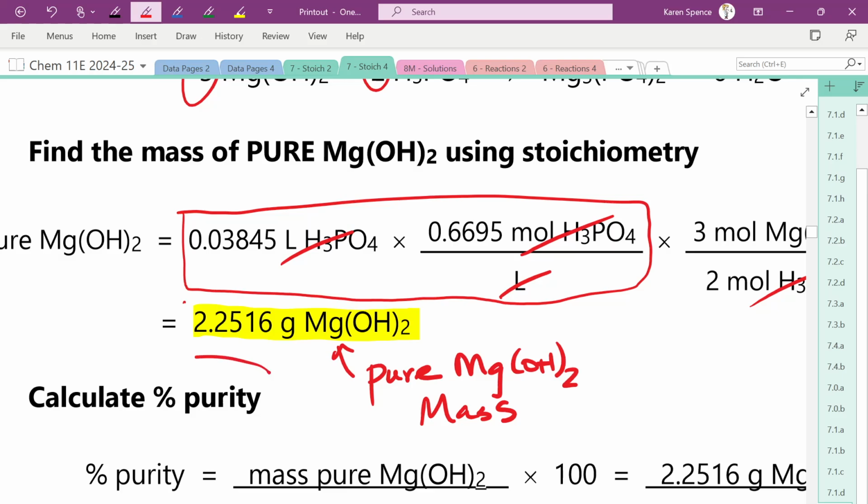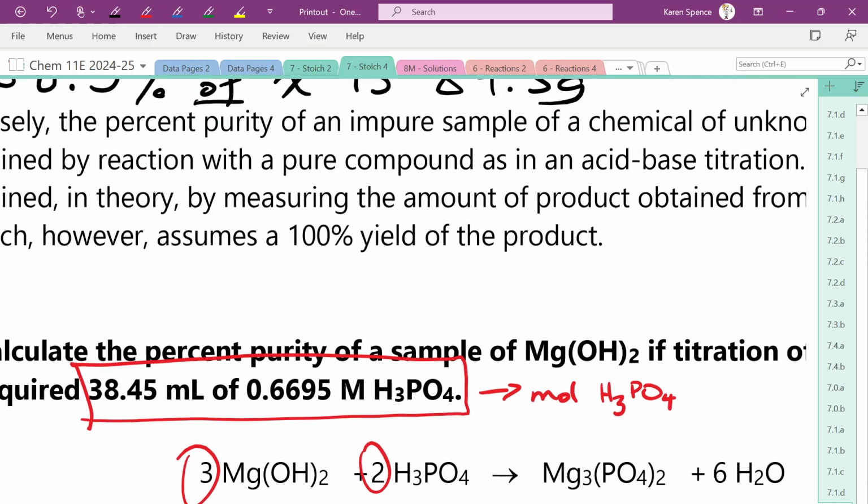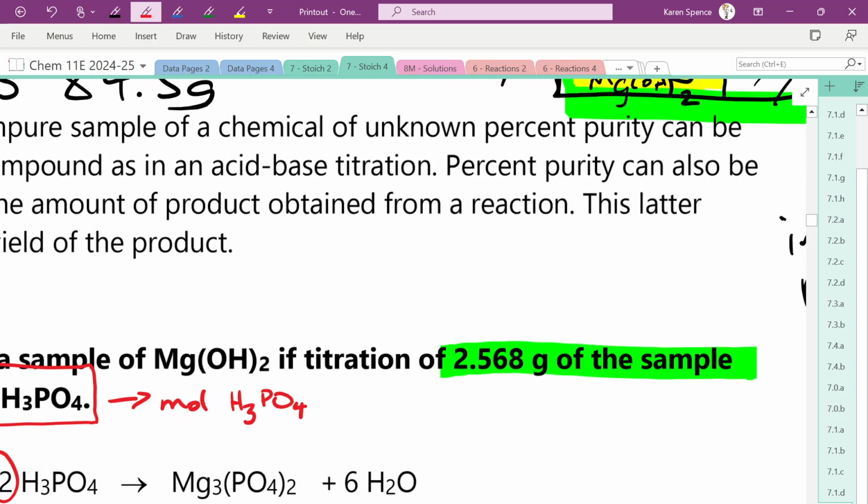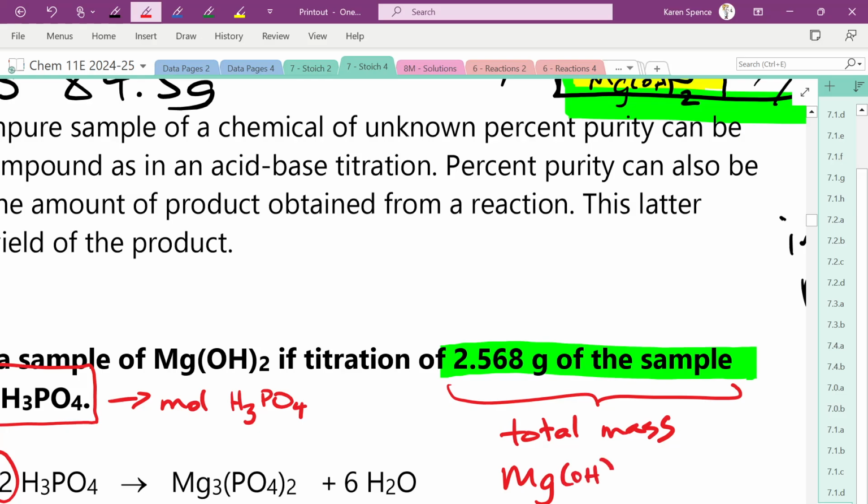We're asked to find the percent purity. If we know the pure mass, what else do we need? We need the total mass. Okay, so let's go back. That should be given in the question. And lo and behold, oh look, it is. This is the total mass of the MgOH2 plus junk.